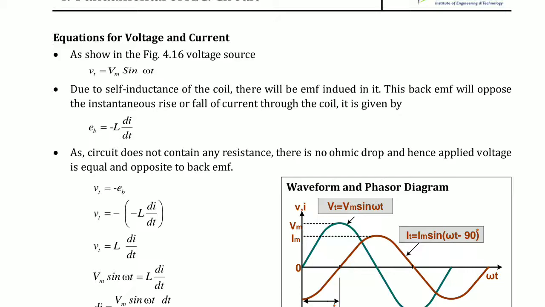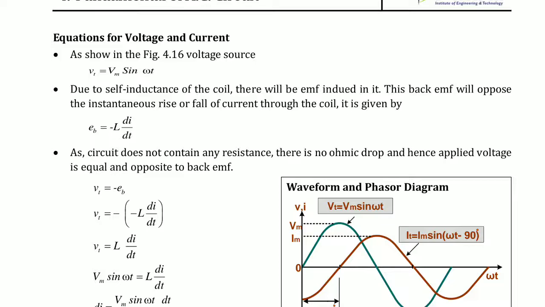In self-inductance, there will be a self-induced EMF, which is nothing but the back EMF. It opposes the instantaneous rise or fall of current through the coil. When current flows through the inductor, an EMF is induced, called the self-induced EMF.